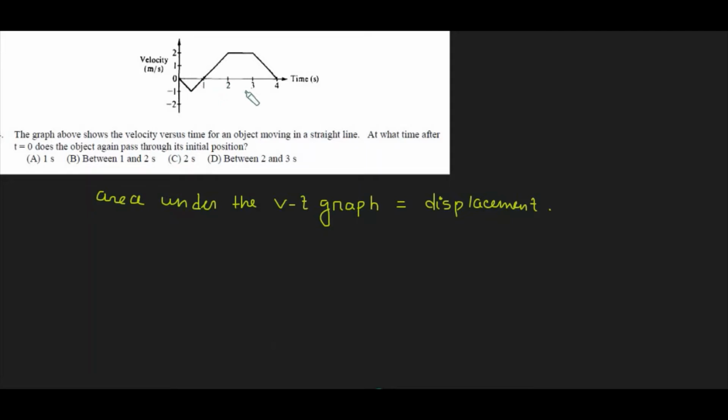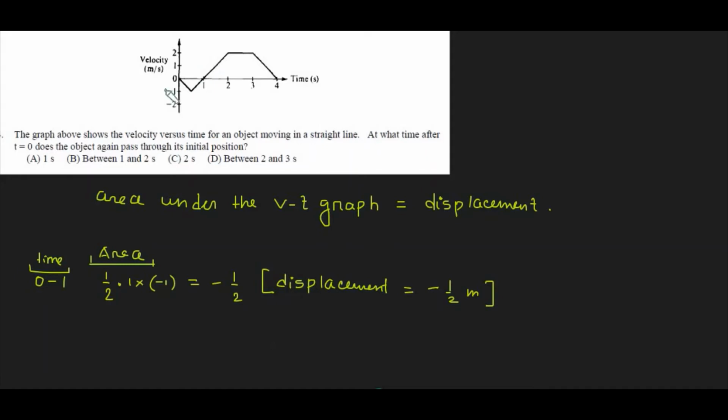To counter this effect, again between some positive directions we have some velocity area under the curve that we have to represent, and finally we have to find out what the exact position is. So let's do one by one. Between time 0 to 1 second, the area is half into the height of this section, that is negative 1, and the base is 1 second, so it's 1.